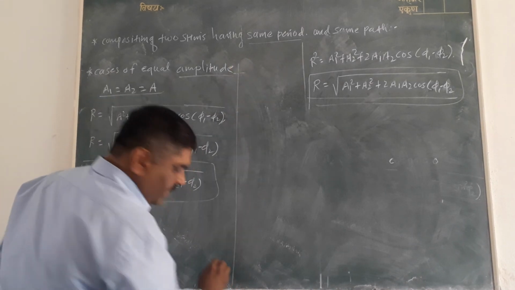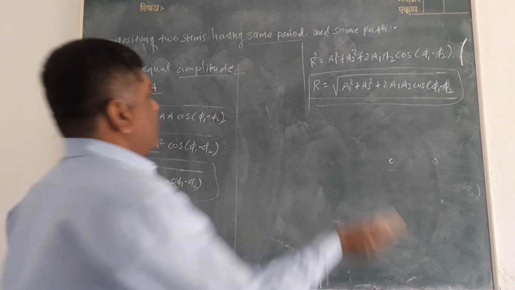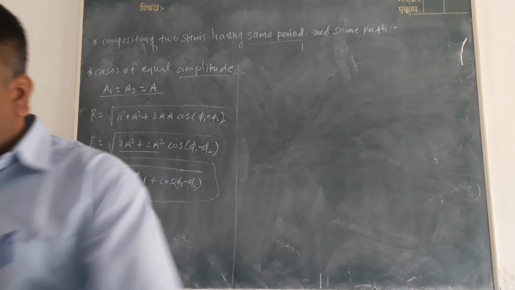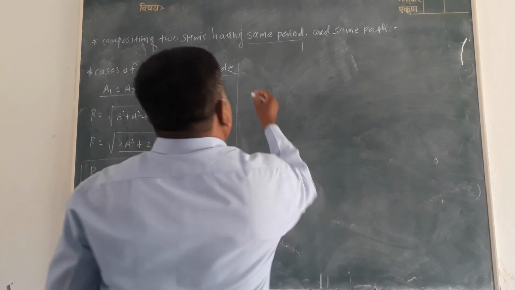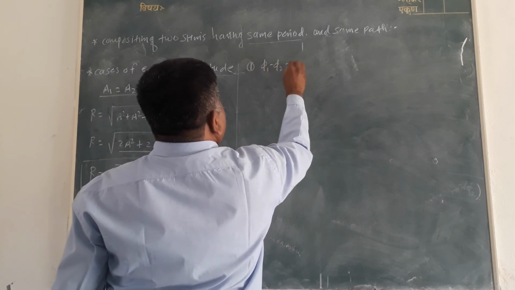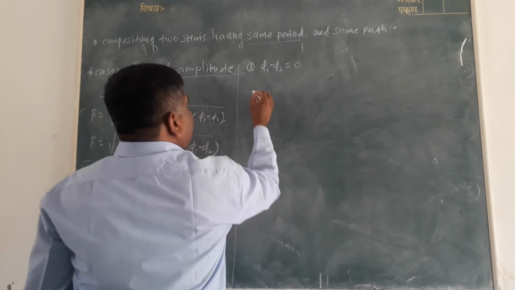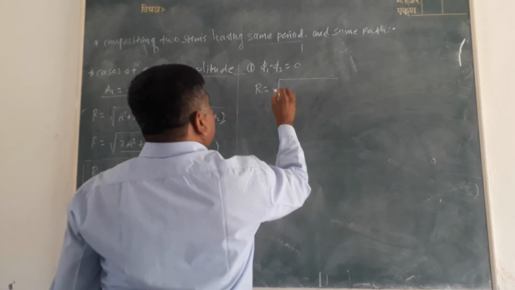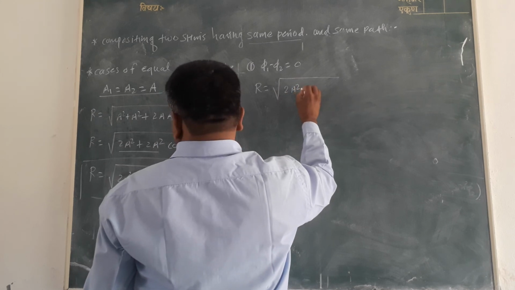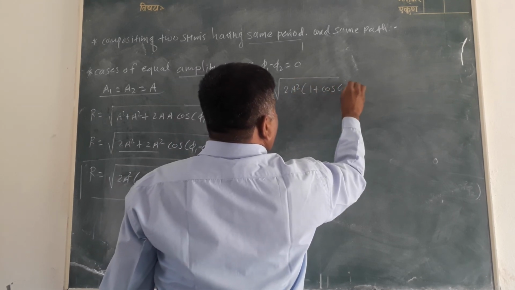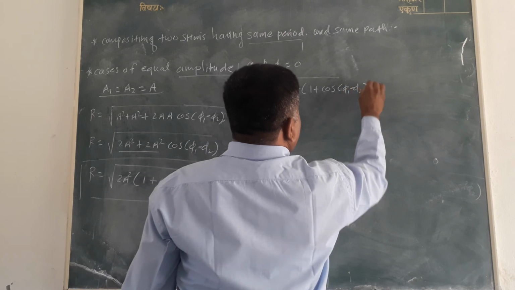Again, there are same three cases. The first case is if phi 1 minus phi 2 is equal to 0, therefore R is equal to under root 2A square into 1 plus cos phi 1 minus phi 2.